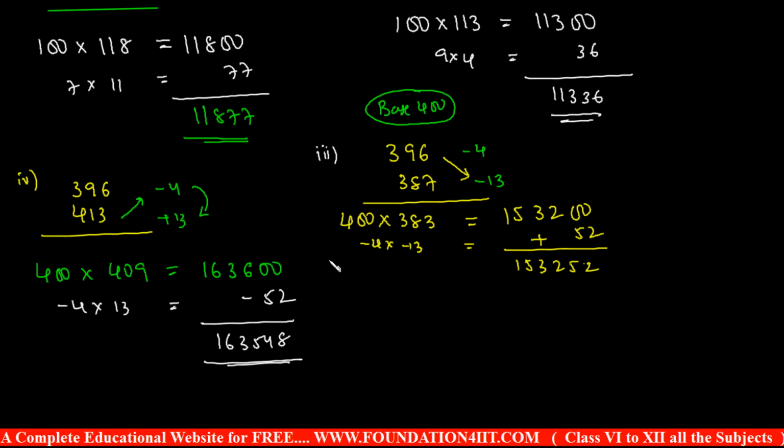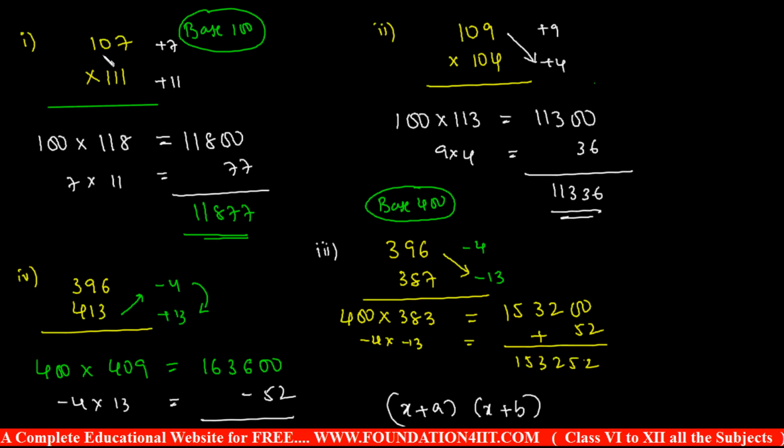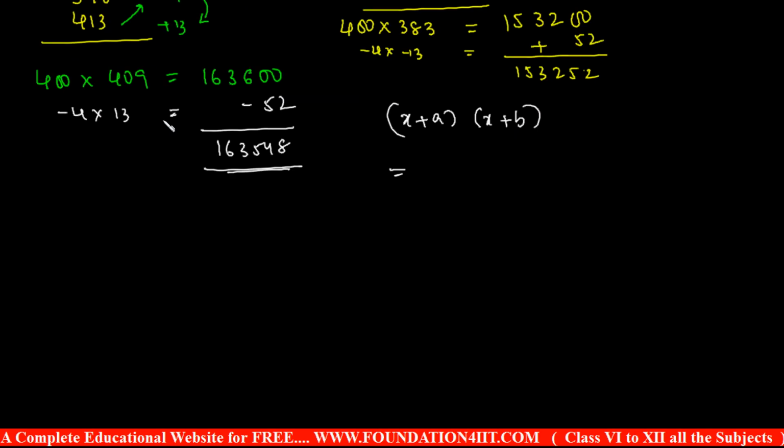You can apply this concept when you are doing multiplication. How it works, if you want to check: take x plus a and x plus b, like 107 into 111, where we can write 100 plus 7 into 100 plus 11. If you multiply x plus a into x plus b, you get x squared plus ax plus bx plus ab.